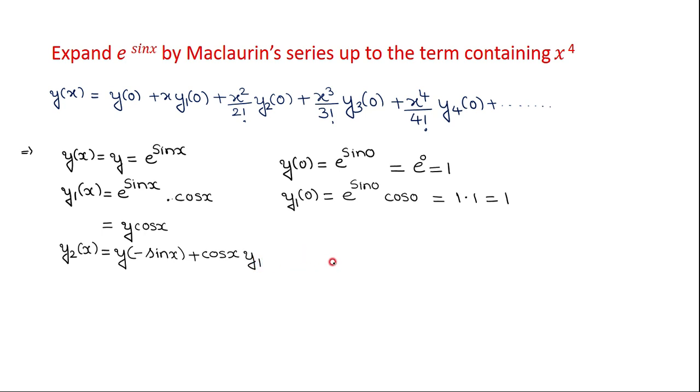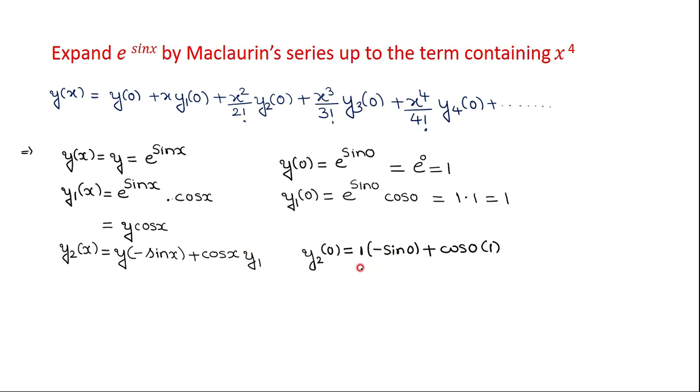Now find the same at x equal to 0, y2 at 0. We know that y at 0 is 1. It is 1 into minus sin 0 plus cos of 0, and here the value of y1 at 0 is 1.